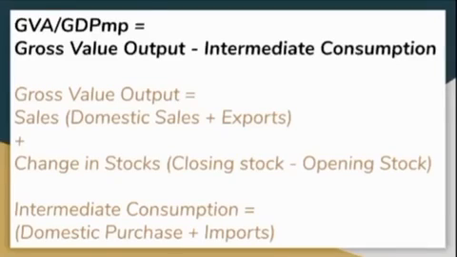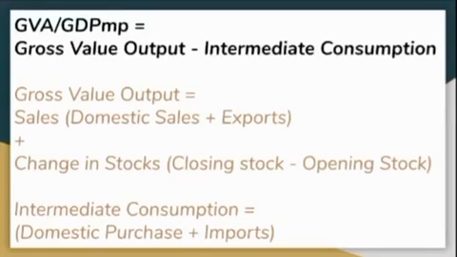So first thing that we get to know is that when we use the value added method, we arrive at GDP-MP. What I am saying is that when we use the value added method, at last we will get the final value as our GDP-MP, that is gross domestic product at market price, and from there we can convert it to any of the values that we require.